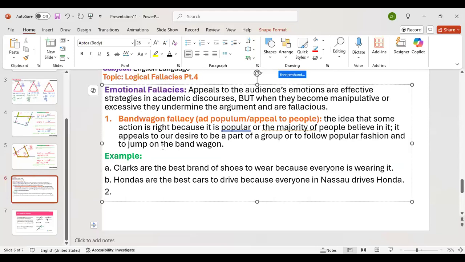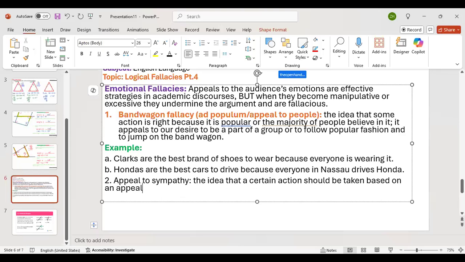Let's go to the next one. Appeal to sympathy. The idea that a certain action should be taken based on an appeal to sympathy, an appeal to pity, rather than a logical appeal.